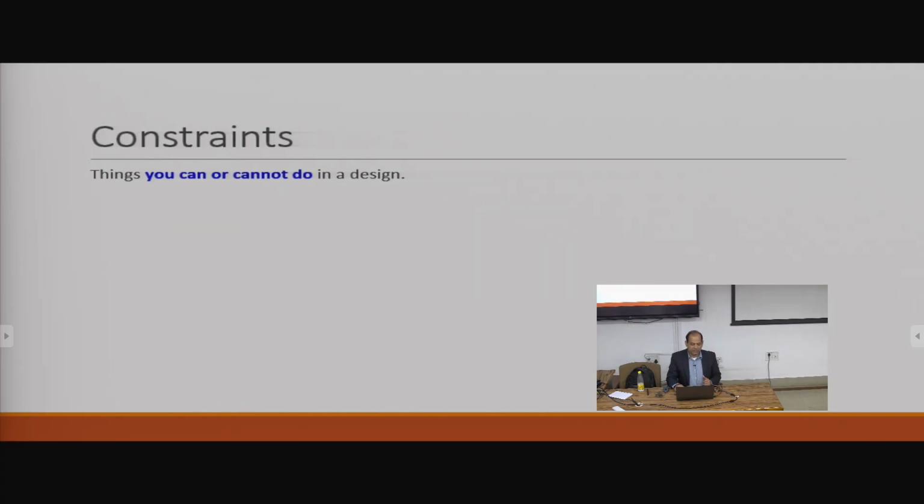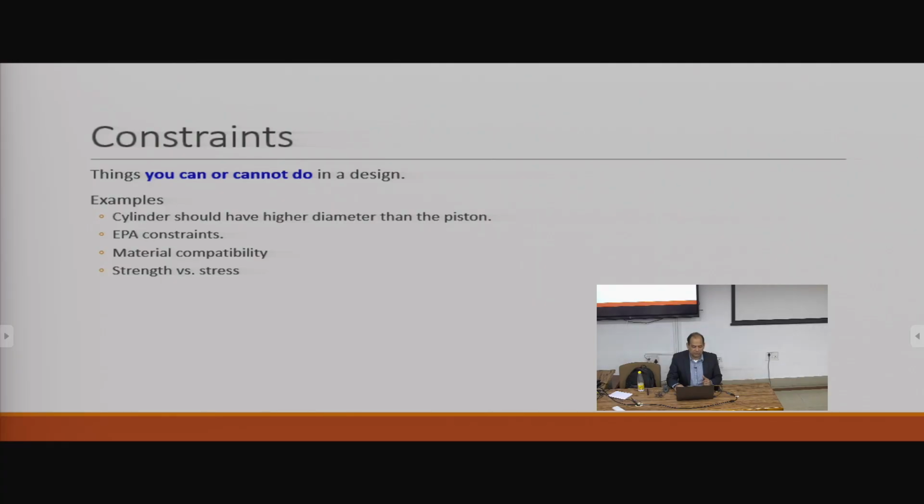And constraints are things you can or cannot do in a design, right? So, for example, the cylinder should have a higher diameter than a piston. For EPA constraints, you might have something like, the amount of this chemical that you release in the atmosphere is below this ppm, or material compatibility. So you could say, I don't want these two dissimilar metals in contact.